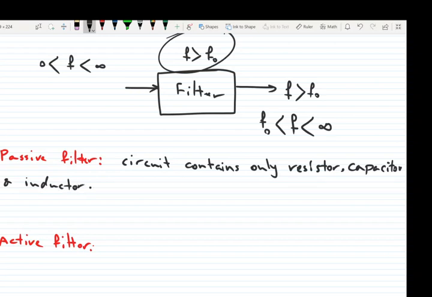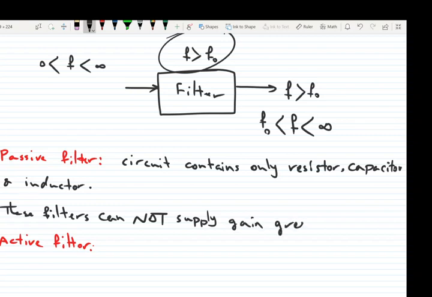And these filters cannot supply gain greater than 1.